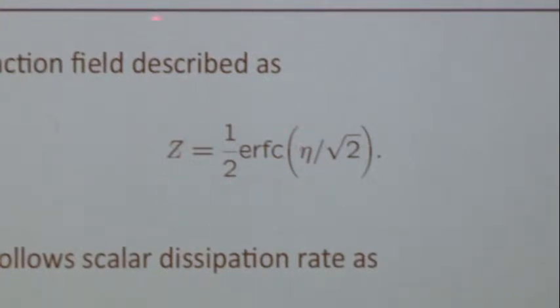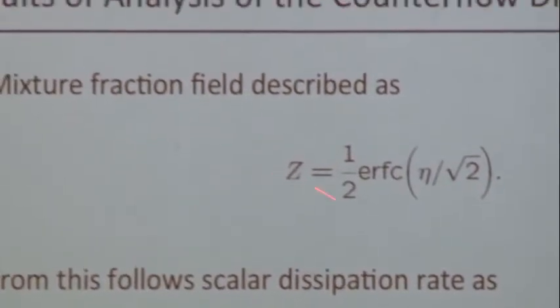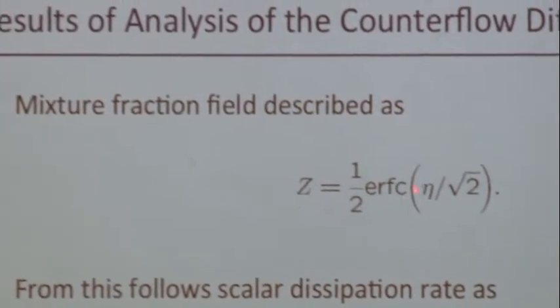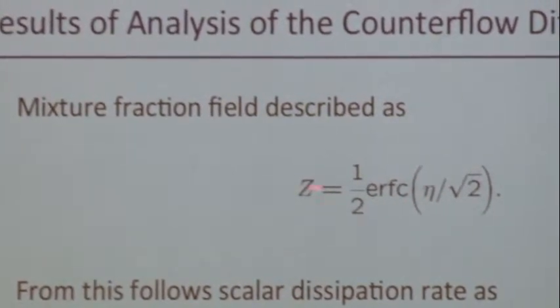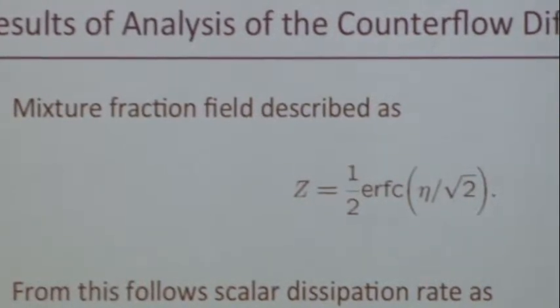From this, I can also determine the dissipation rate, because the dissipation rate is something like dZ by d eta, squared. So I can take the derivative of this, and the square of that gives me the dissipation rate. You see that depends now on eta.